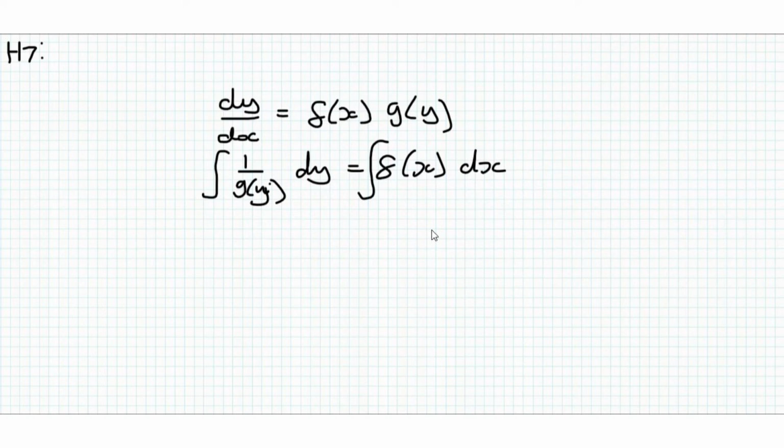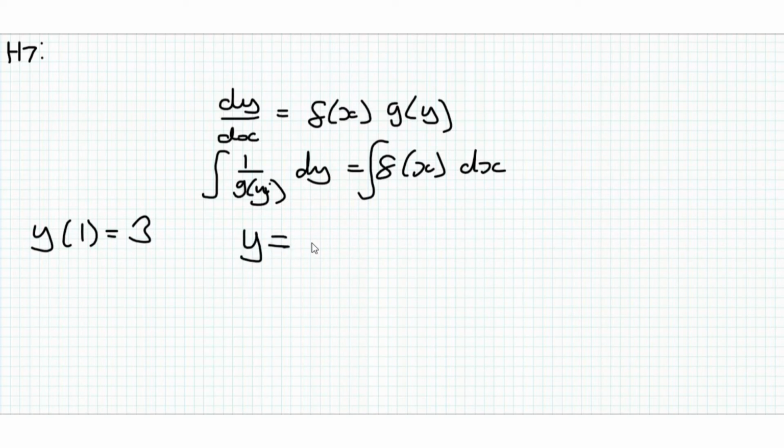And then sometimes you'll be given starting values, so it might be that y of 1 is equal to 3. Alright, so that means y is equal to 3 when x is equal to 1, because if it's dy by dx, then a function of x, and that's not the same f of x. I shouldn't have used f.